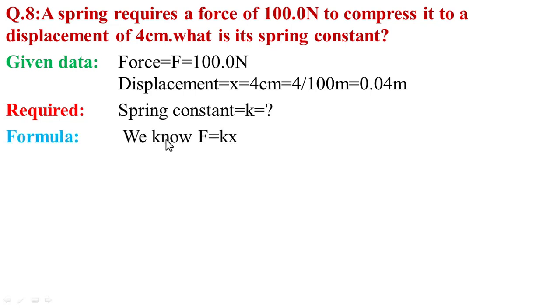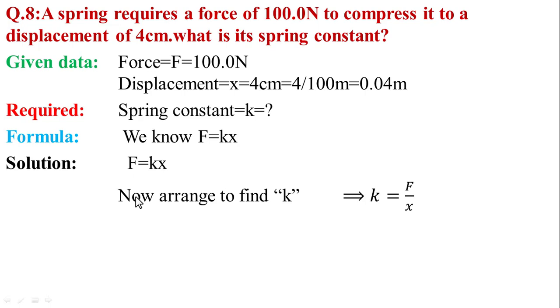Now using the formula, we know that F is equal to kx by Hooke's law. Now for the solution, F is equal to kx. We arrange this to find the value of k, which is equal to F upon x, because k is multiplying on this side, on the other side it will be divided. So k is equal to F upon x.